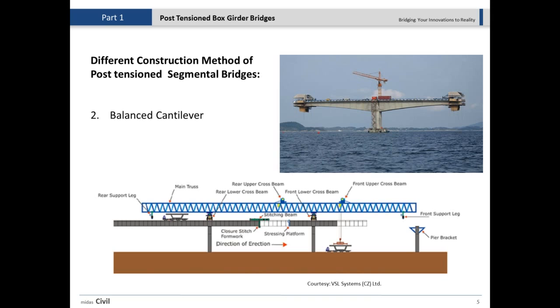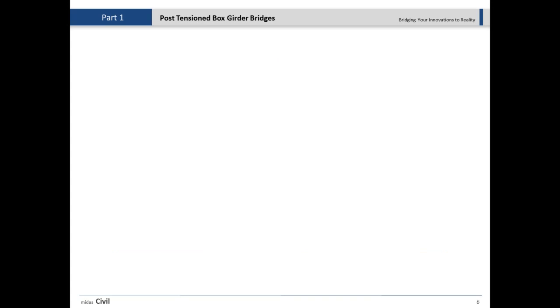There are different options. The second one is the balanced cantilever bridge construction method, where the bridge starts from a pier, and from both sides we are adding the segments. It could be adding segments, or it could be moving the scaffolding and going through, and then the bridge will be constructed, and finally they can meet at a certain point.